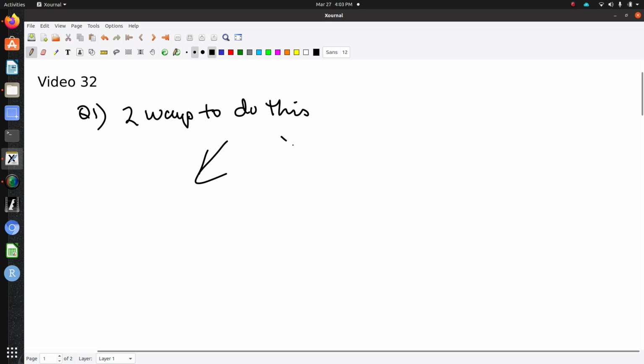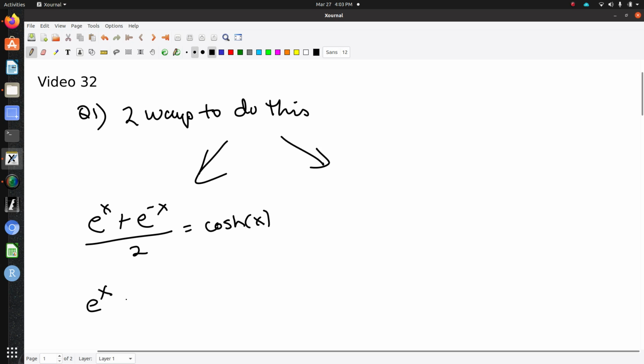Okay? Your two options are, you can either know that (e to the x plus e to the minus x) over 2 is equal to hyperbolic cosine, which we lovingly call cosh, and (e to the x minus e to the minus x) over 2 is hyperbolic sine, which we call sinh.